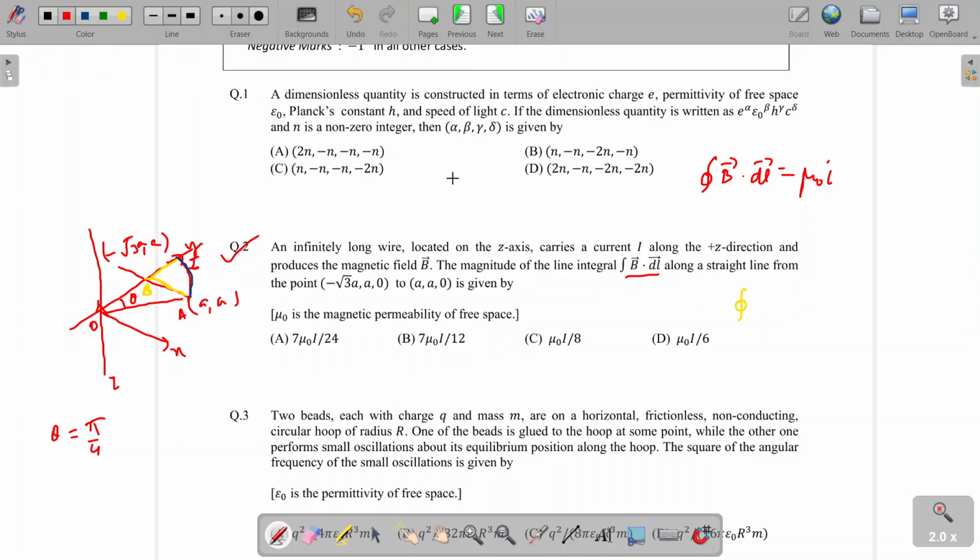It is simply mu naught I into the fraction the curve subtends at the center as a part of a circle.